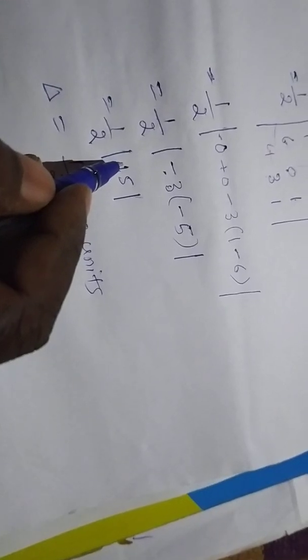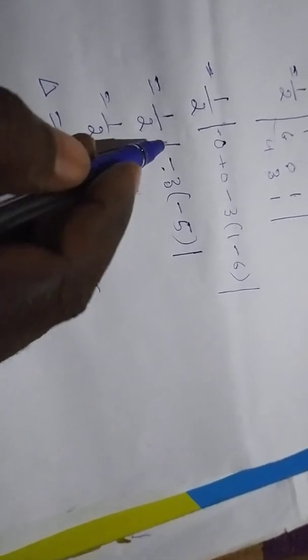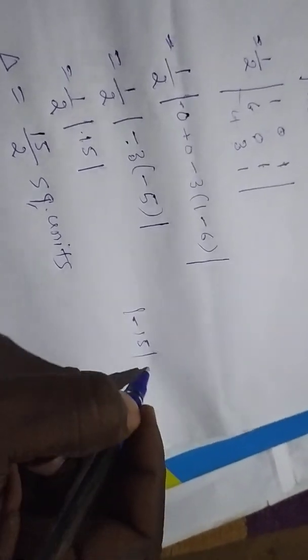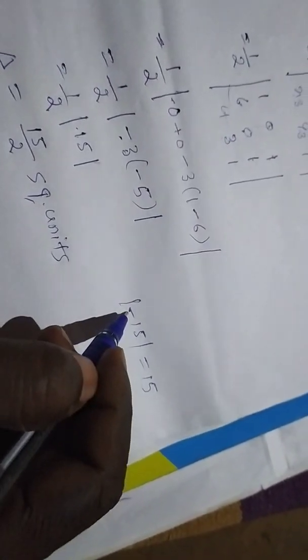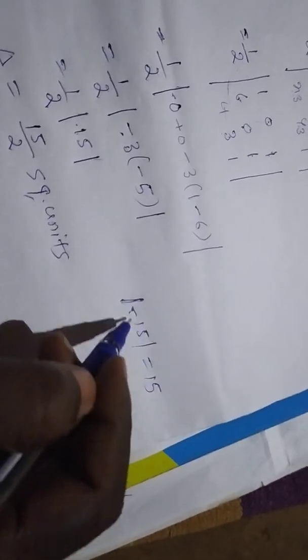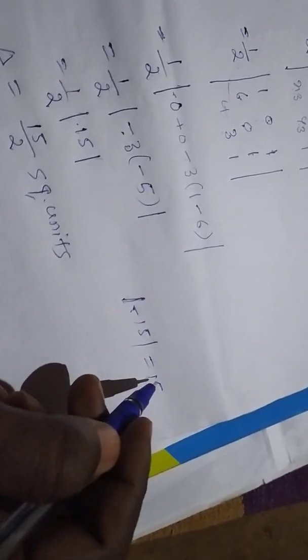If it is minus, after removing the mod, it becomes positive. That is why we have taken mod here. Always take the area of the triangle as positive. If it is negative, then after removing the mod you get plus.